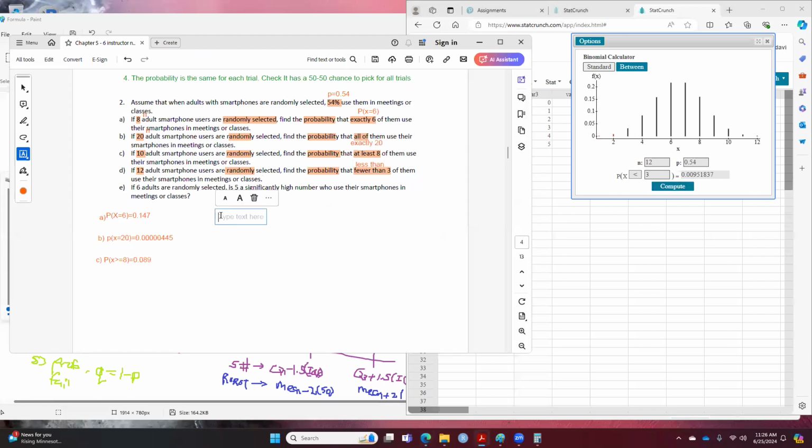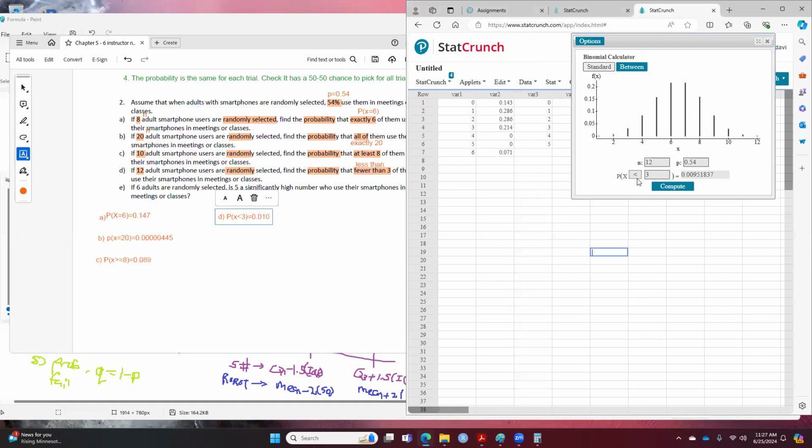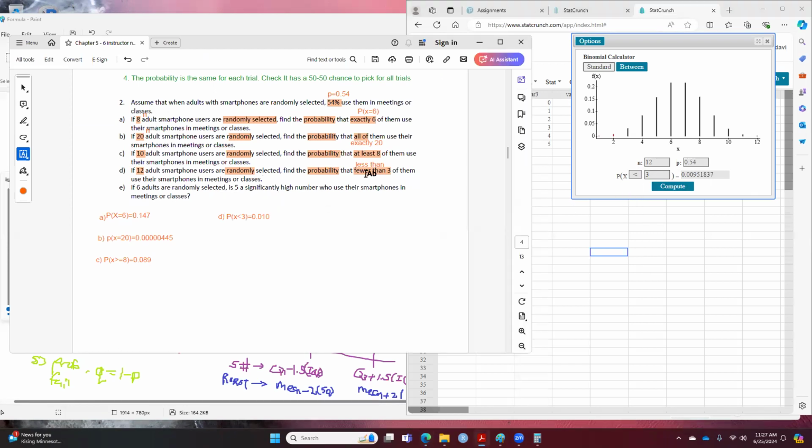In part D, P(x less than 3), or in this case fewer than 3, is 0.009... 0.010, actually, the 5 is big enough to round up. If you use the less than or equal to, this will be the wrong answer. So make sure you use the correct symbol for this case.